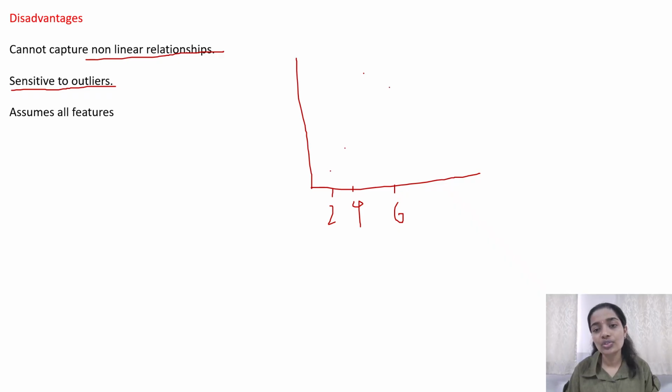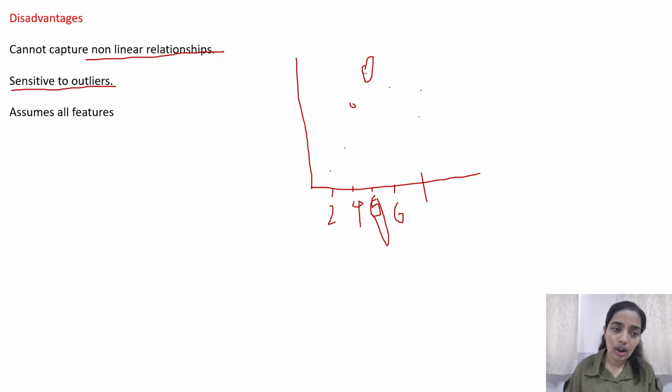It may happen that when a student studies for 8 hours, he or she scores decently, like this is how it looks. So all these things are good to go. They are linearly increasing, but there is only one point that deviates a lot, and this point we call an outlier. But when we need to predict the marks for 5 hours, obviously it will come somewhere here, which may or may not be correct.